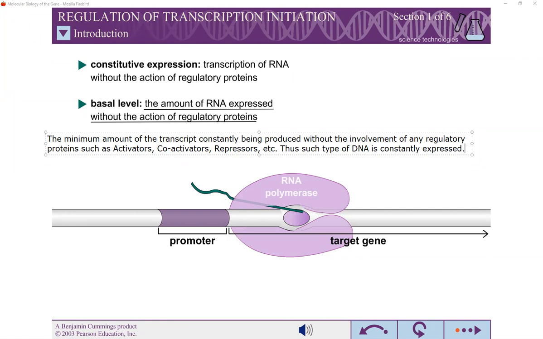So such type of DNA is being constantly expressed, then this is referred to as the minimum basal level of the transcription that is going to take place. So this is referred to as the basal level of transcription.